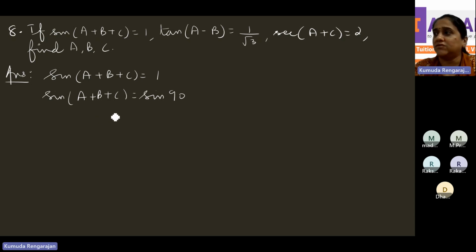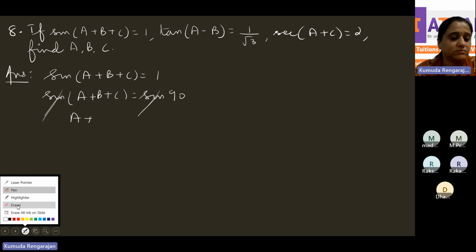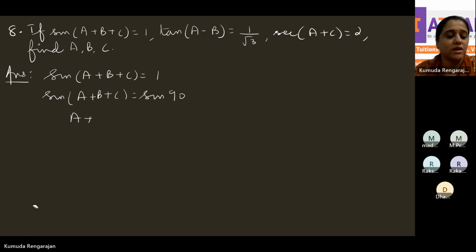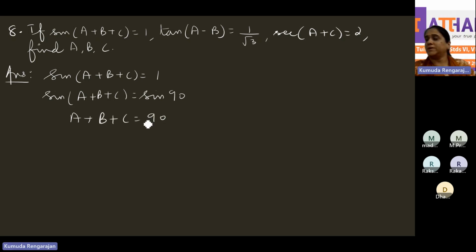A plus B plus C is equal to 90. You should not cancel, but it's like you're cancelling sine and sine. On comparing both the sides, A plus B plus C is equal to 90 degrees. Correct? So this is one equation we have got.